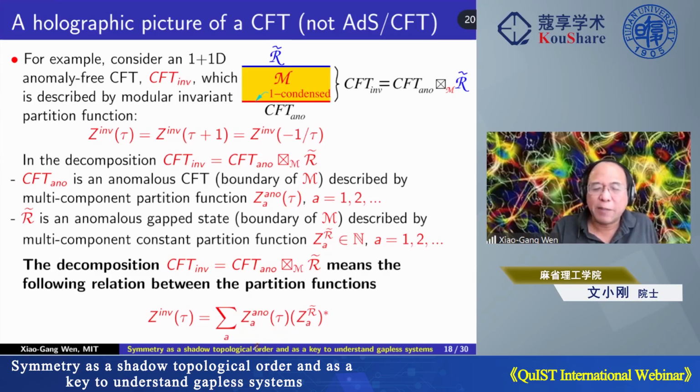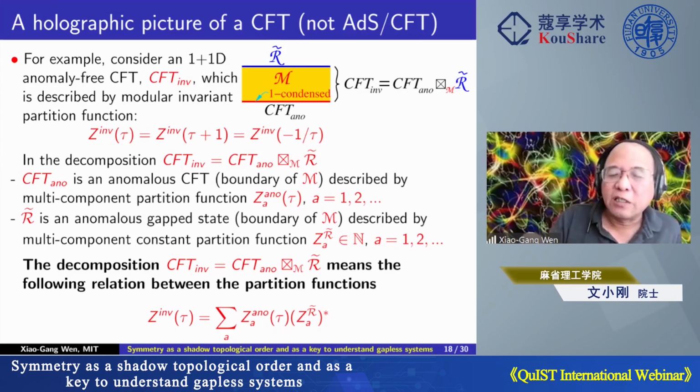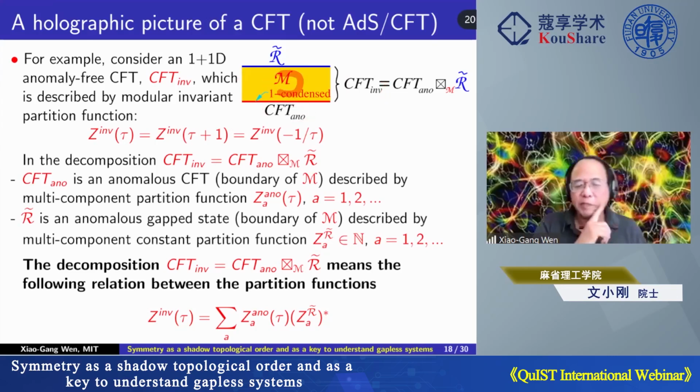It's just an inner product: multiply each component and sum over. That produces a modular invariant partition function. So this gives a connection for how this modular invariant partition function can be obtained from this multi-component partition function, which is determined by the bulk topological order.